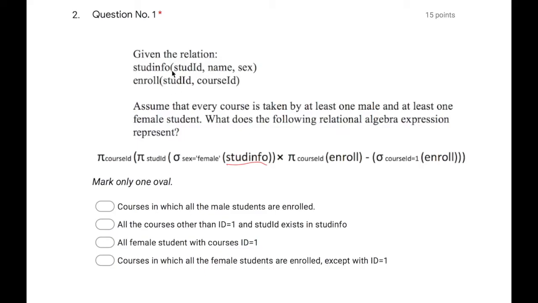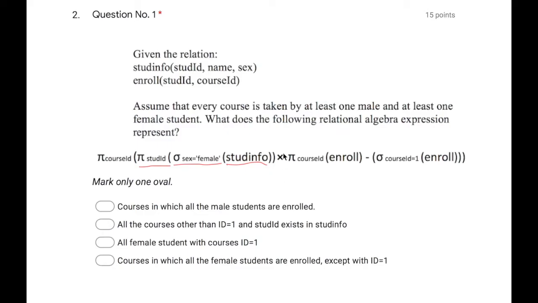Okay, I see studinfo, this one, but I just want to select everything that is female. And then what's next is this one. I just want to show the student ID only, right? I don't want to get the name or the sex as well.